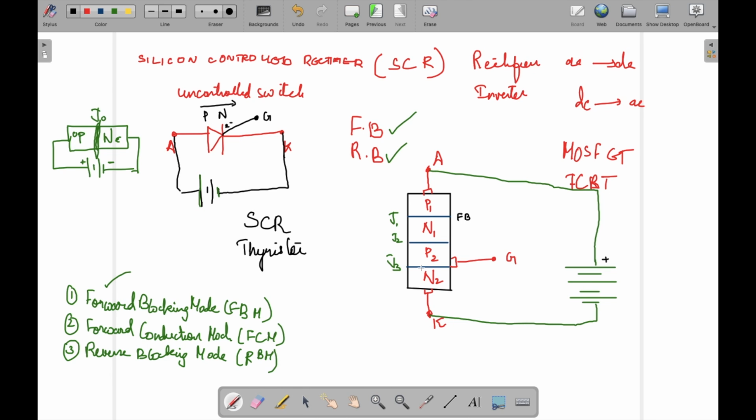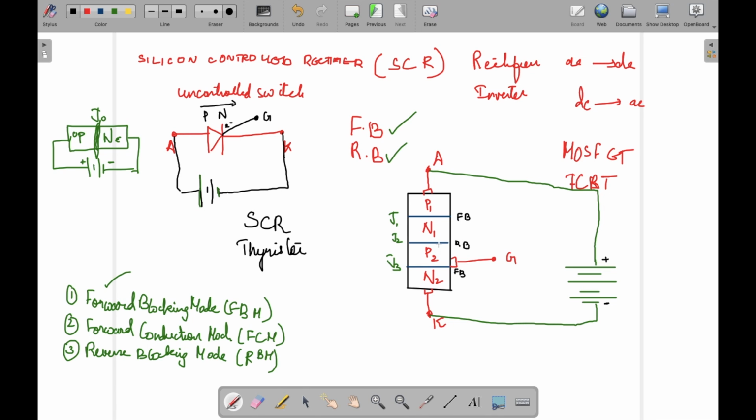Similarly, if you look at J3, N2 is the region connected to the negative terminal of the battery, so J3 will also be forward biased. But when we consider J2, N1 would be in contact with the positive and P2 will be indirectly in contact with the negative. That makes junction J2 reverse biased. So we have J1 and J3 forward biased and J2 reverse biased.